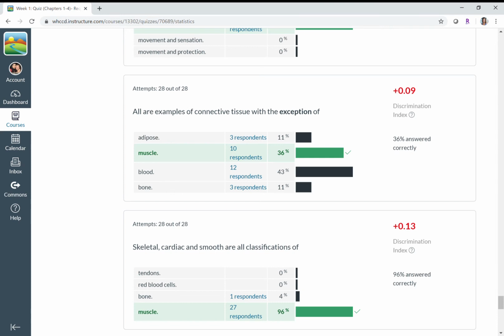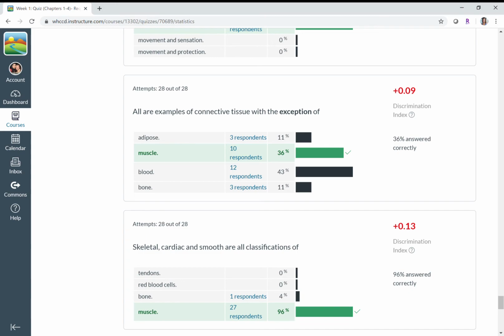So if we have choices between these types of connective tissue, muscle itself is a whole other type of tissue. Therefore, it cannot be a connective tissue. Adipose, blood, and bone are all examples of connective tissue. But like I said, epithelial, nervous, muscle, connective tissue. Muscle is its own category of tissue. Therefore, it cannot be connective tissue.